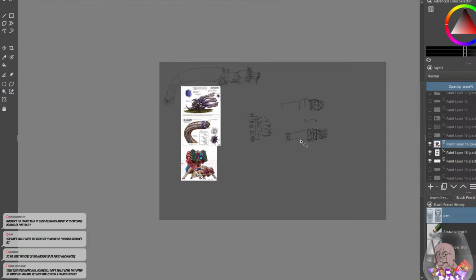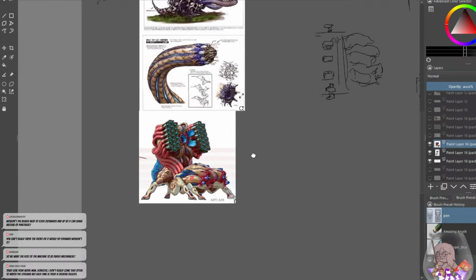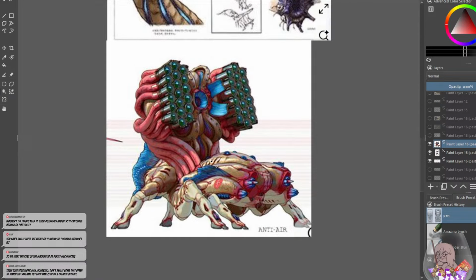You can't taper the front; it would tip forward. We'll just weigh down the back then, or add some pistons to move it. Blades need to stick forward and up so it can shave.